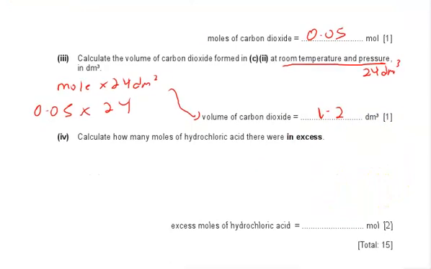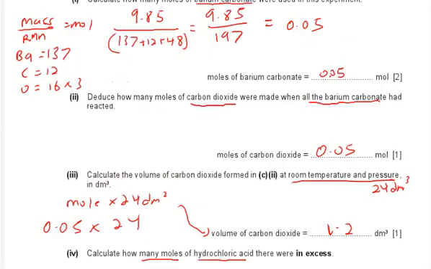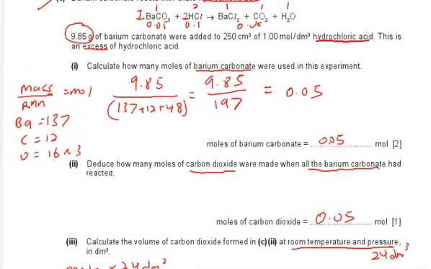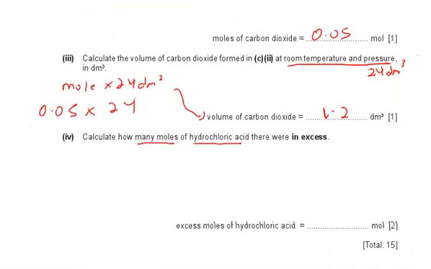Next, calculate how many mole of hydrochloric acid were in excess. The acid only reacted 0.1 mole, as I showed just now. Now we take the volume and the molarity, 250 and 1, and use the formula MV divided by 1000.